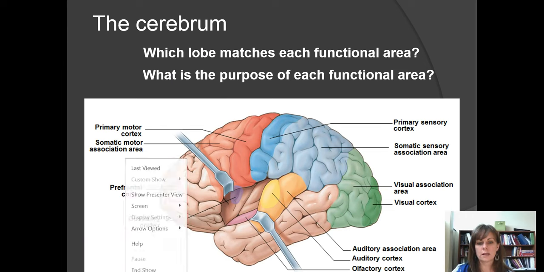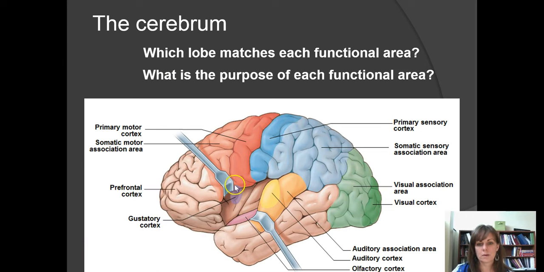Now what this slide is showing is this silver thing is a retractor. That would be kind of like a clamp that dives into something and pulls it back. So here we have pulled back the temporal lobe, and we have pulled back the frontal lobe.